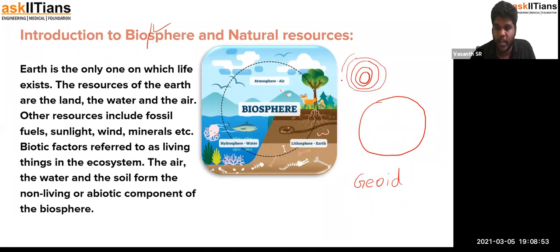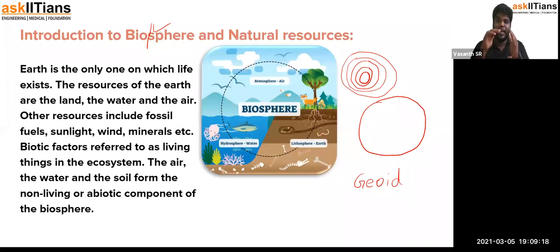And then after that come layers of air and other regions. So it is actually a three-dimensional spherical structure, which is covered by different layers of substance. So anything that is covering the spherical layer, we're calling geoid, which is the Earth as a sphere here.